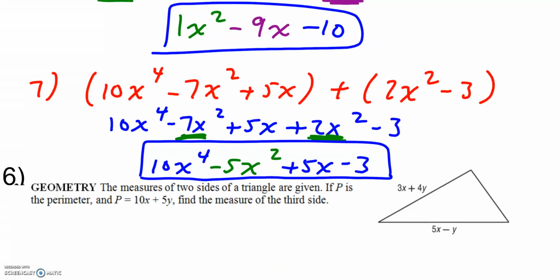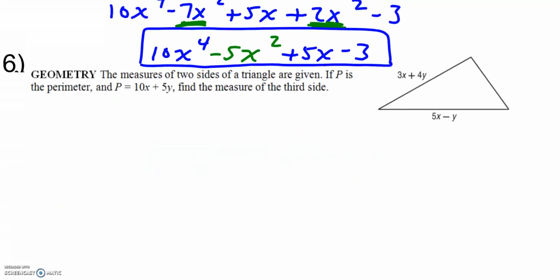All right. Last problem in these notes here has to do with a geometry connection. And it says the measures of 2 sides of a triangle are given. If P is the perimeter, and perimeter represents your distance all the way around your triangle, we want to find the measure of this third unknown side.